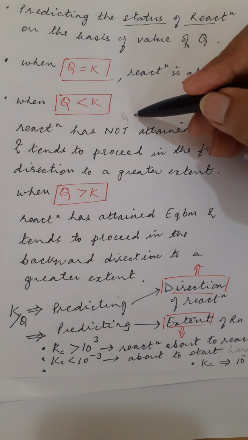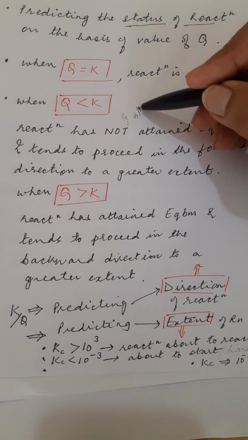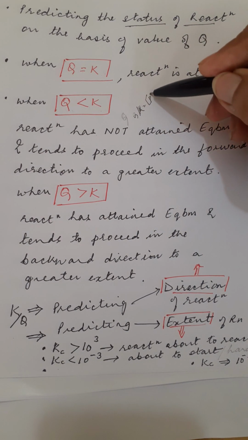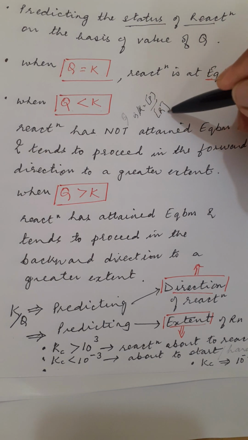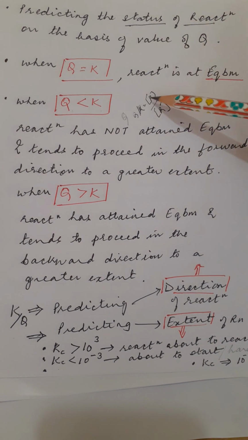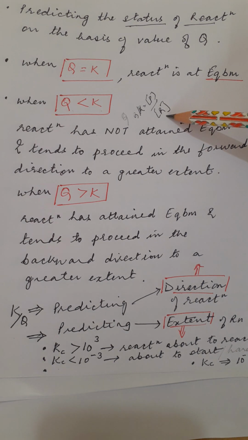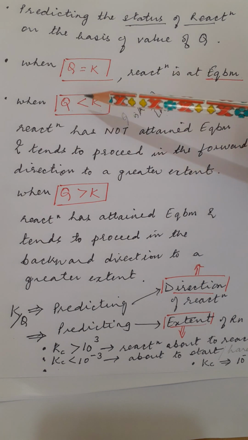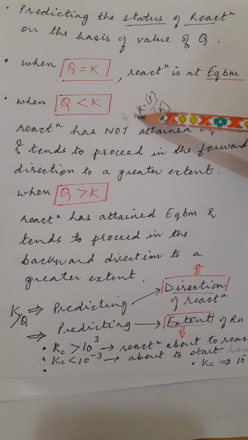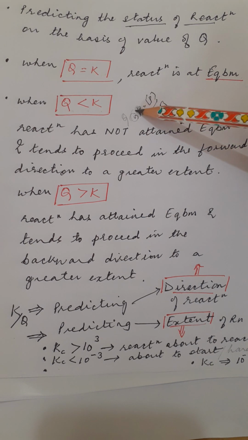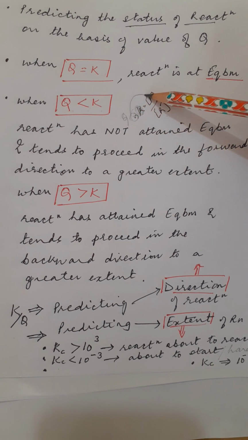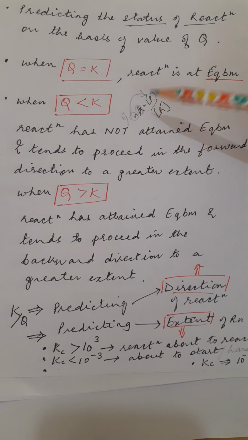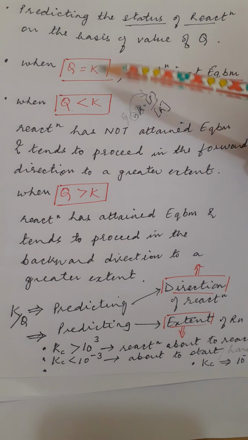Second case, when Q, the concentration quotient, is less than K. Whether it is Q or K, for both of them the story is product concentration upon reactant concentration. So if Q is less than the arithmetic value of K, then please remember, all systems want to return to a state of equilibrium.